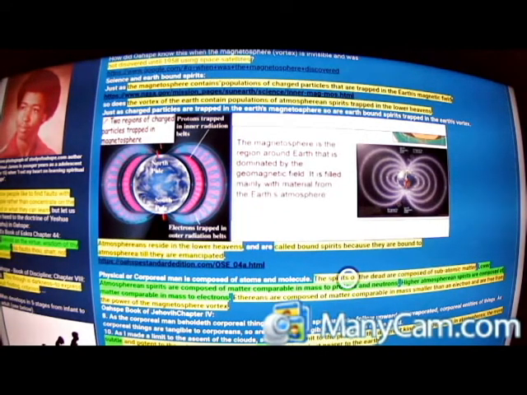And this has to do with what man is: physical or corporal man is composed of atoms and molecules, and the atmospherian spirits are composed of mass that is comparable to protons and neutrons and electrons.